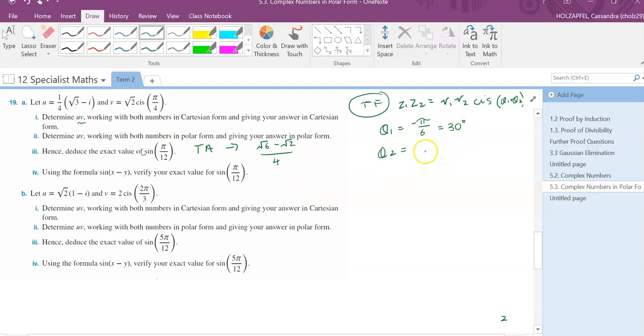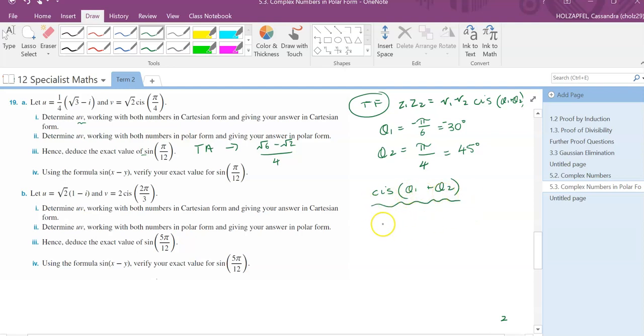Our other angle was positive pi over 4, and if we convert that to degrees, that's 45 degrees. Sorry, this should actually be negative 30. So if I rewrite this now, because the values of R are just 1, I'm just going to write this as cis of angle 1 plus angle 2.